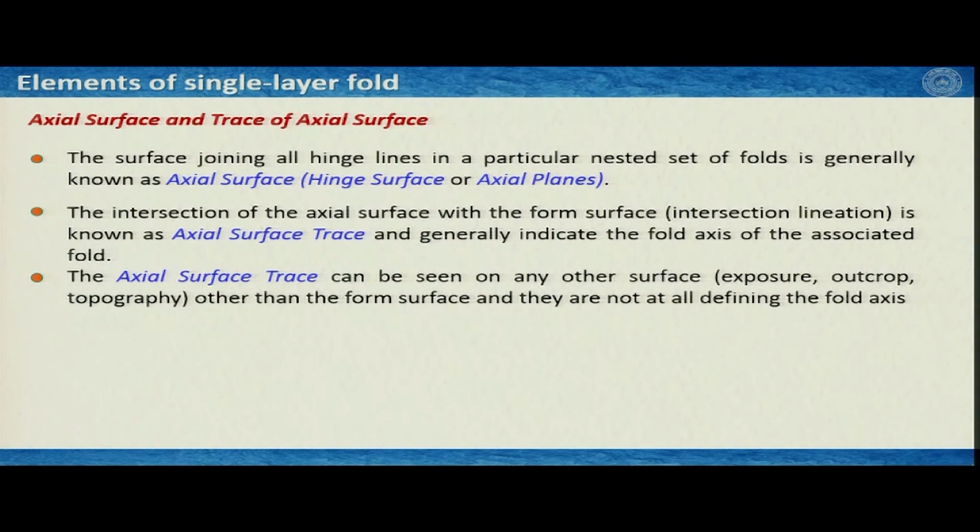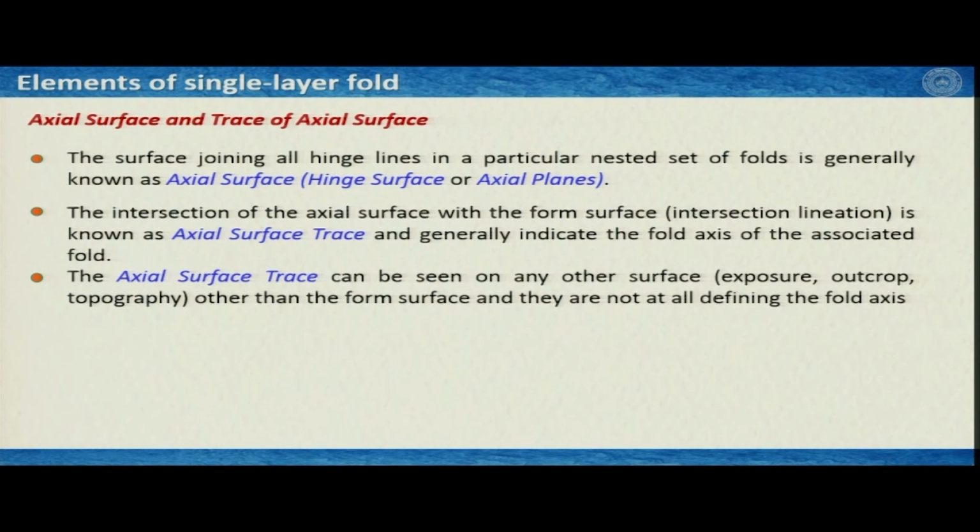Again, we will first describe this with text, I will read it, and then in the next slides we will see them as illustrations. The surface joining all hinge lines in a particular nested set of folds is generally known as axial surface. It is also termed hinge surface or axial planes.